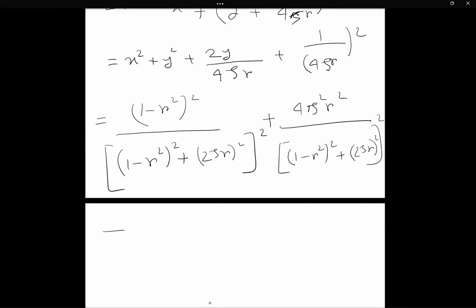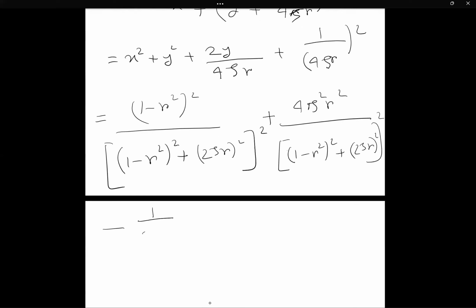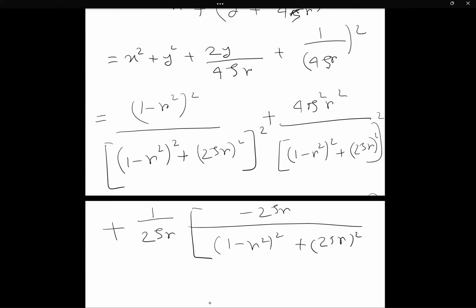and in here we had, so here 2 gets cancelled, so we can write it as 1 over 2 zeta r times minus 2 zeta r over 1 minus r square whole square plus 2 zeta r whole square, and we also have another one for 1 by 4 zeta r whole square.